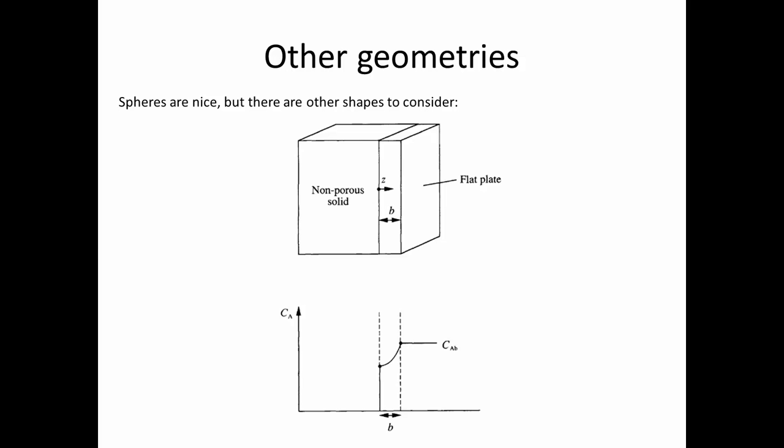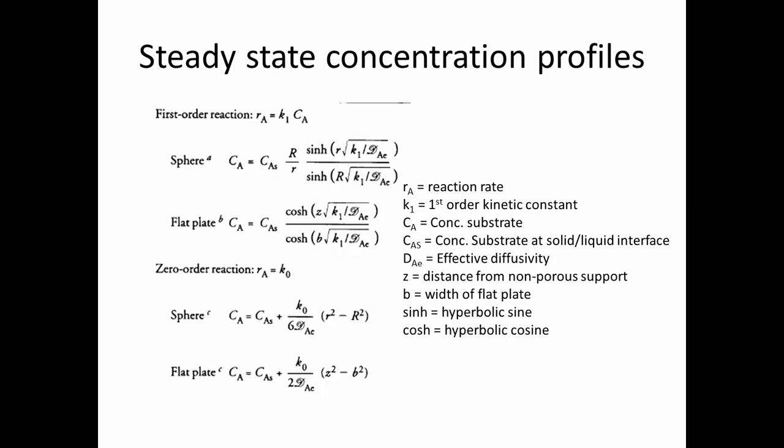Usually plates are attached to some non-porous solid, and we consider the concentration of substrate coming from the bulk liquid going into the porous flat plate. It looks an awful lot like the concentration gradient that we saw previously, where it's highest at the surface near the bulk liquid and lowest towards the surface of this non-porous solid.